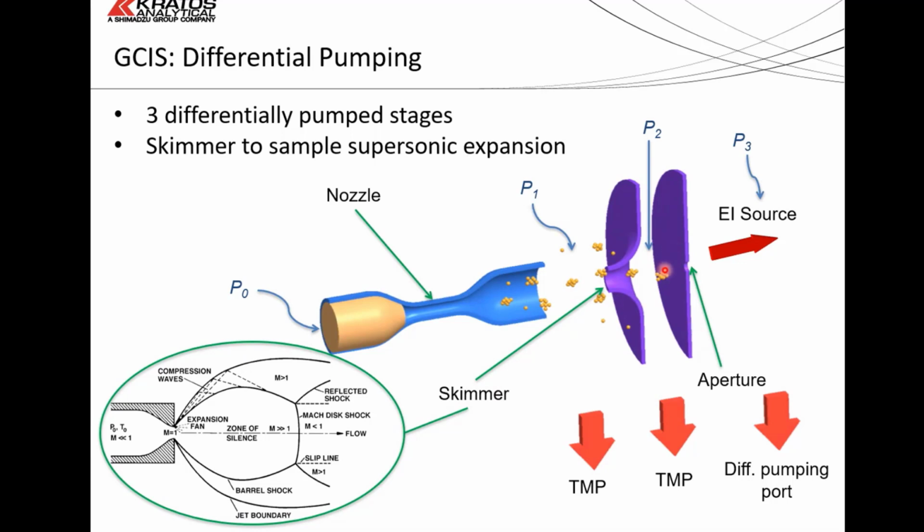Then behind there sits another stage of differential pumping held at something like 10 to minus 4, 10 to minus 5 torr. And then behind that, another aperture. In there, we reach our EI source. So this pressure here would typically be into the 10 to minus 6 torr region.